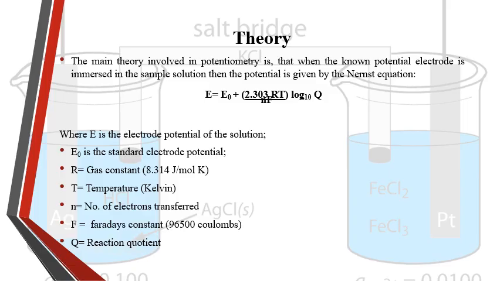That is represented by Q, the reaction quotient. In potentiometry, we use the Nernst equation to relate the potential measured by the electrodes to the concentration of the ions in the solution. By knowing the standard electrode potential and measuring E, we can determine the unknown concentration of ions in the solution, often referred to as the analyte.